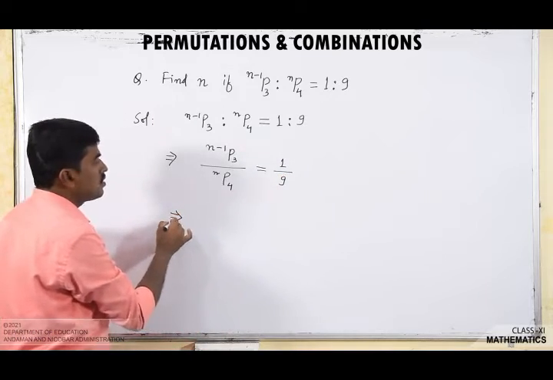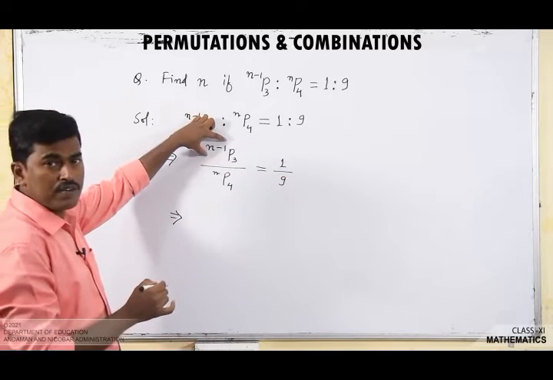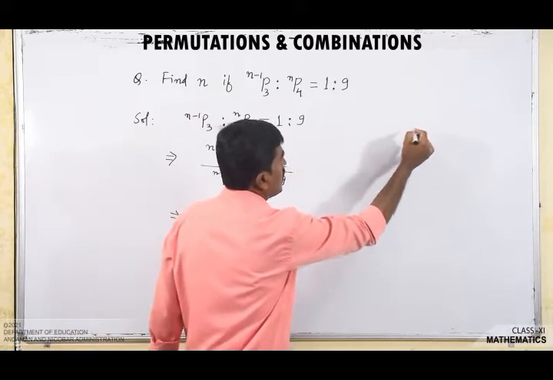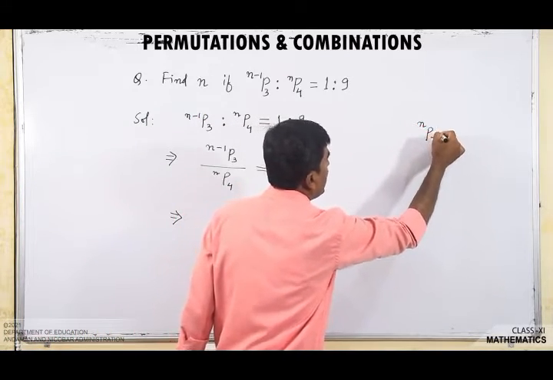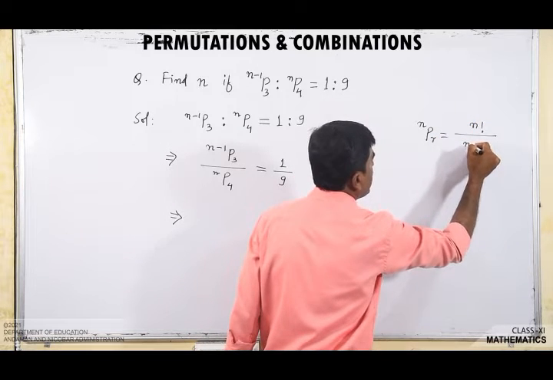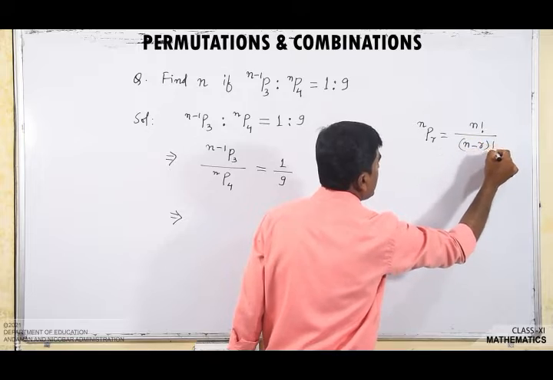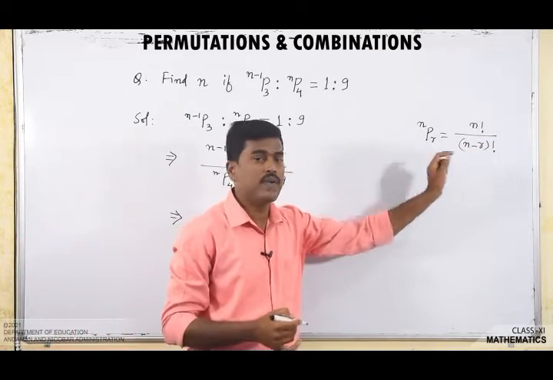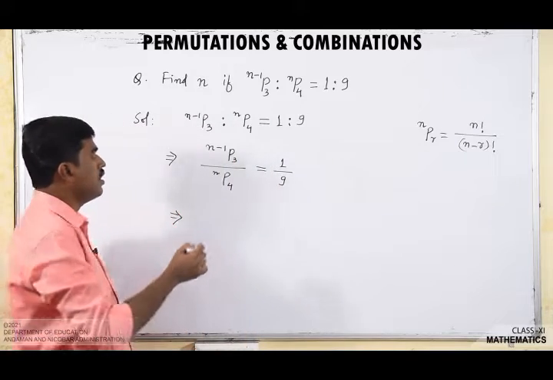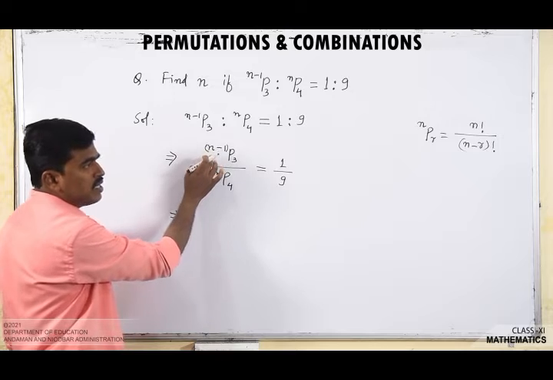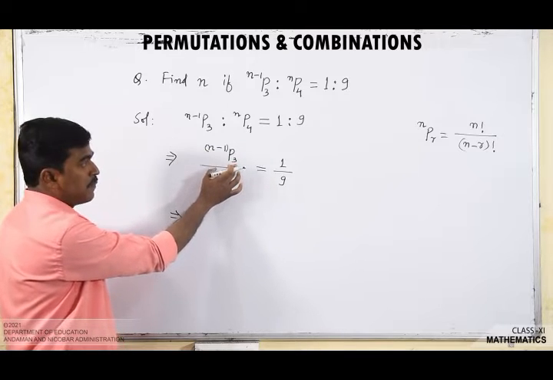That implies, now it is in the form of nPr. What is the formula for nPr? nPr is equal to n factorial divided by (n minus r) whole factorial. Now here, in place of n, n minus 1 is there and the value of r is 3.